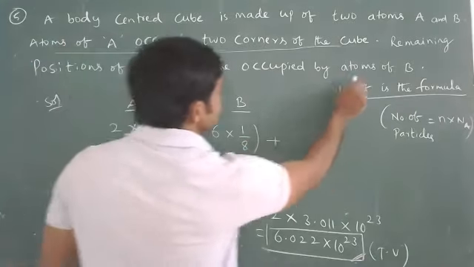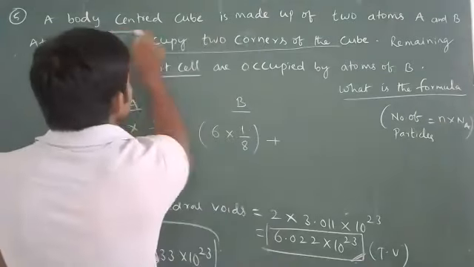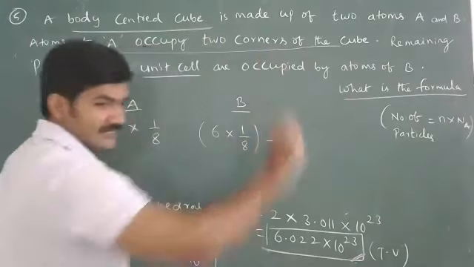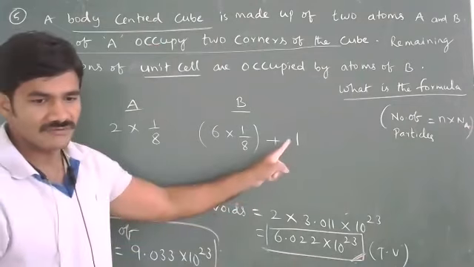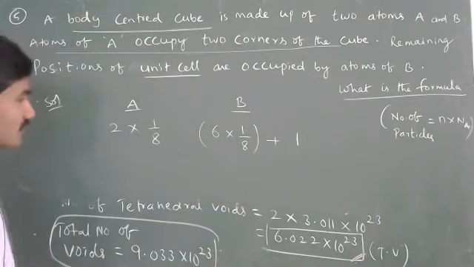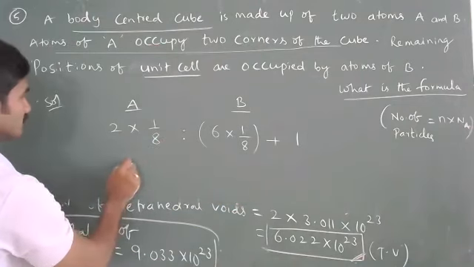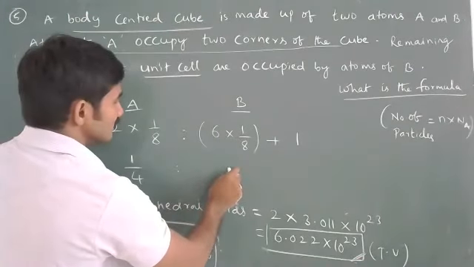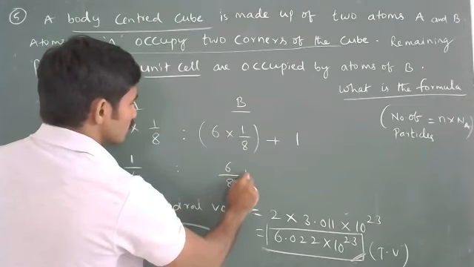This is which type of unit cell? Body centered cube, also having one atom in the center of the body. So what can I write now? So 1/4. This becomes 6/8, plus 1.